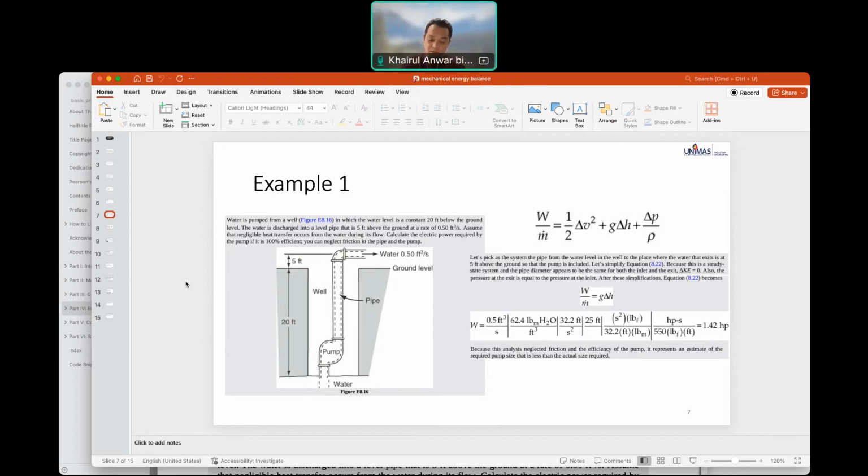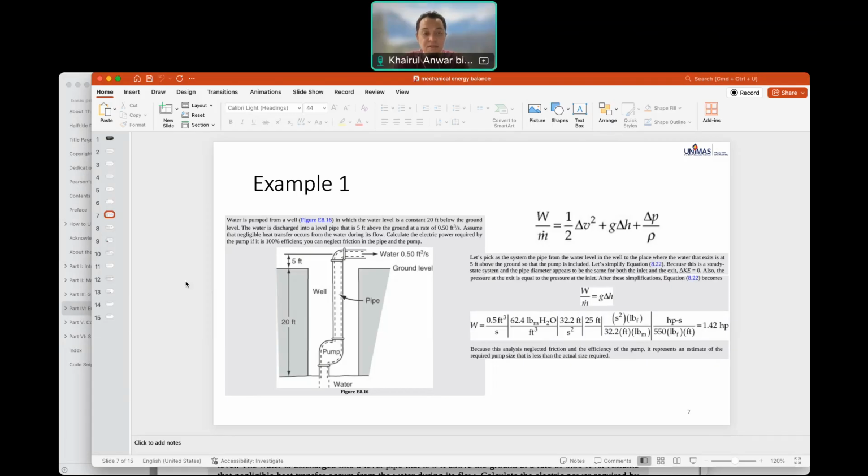Refer to chapter 8, section 8.5.3. The first example is example 8.16: calculation of the power needed to pump water in an open steady state system.